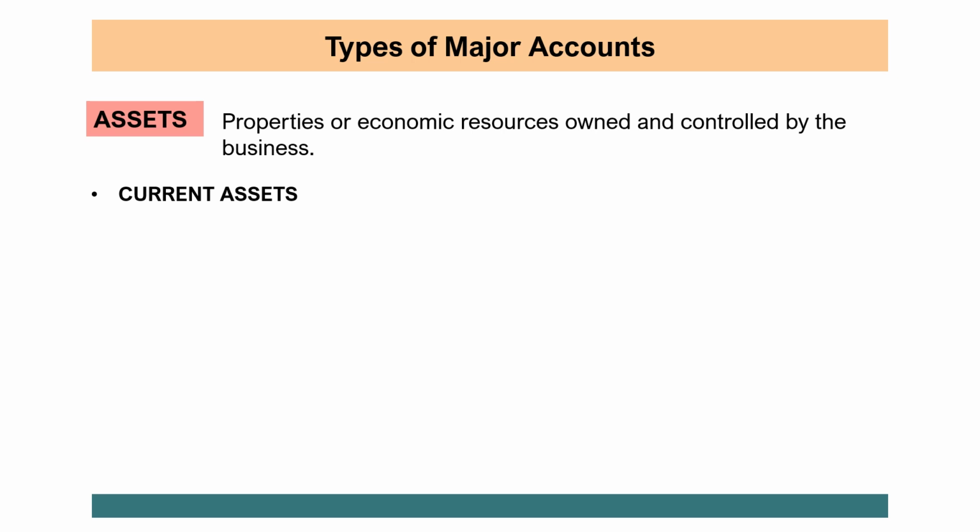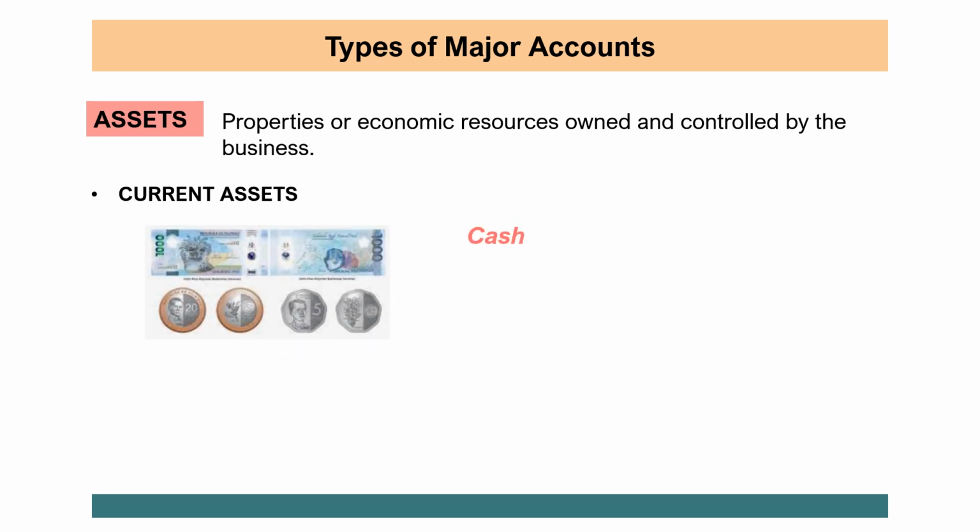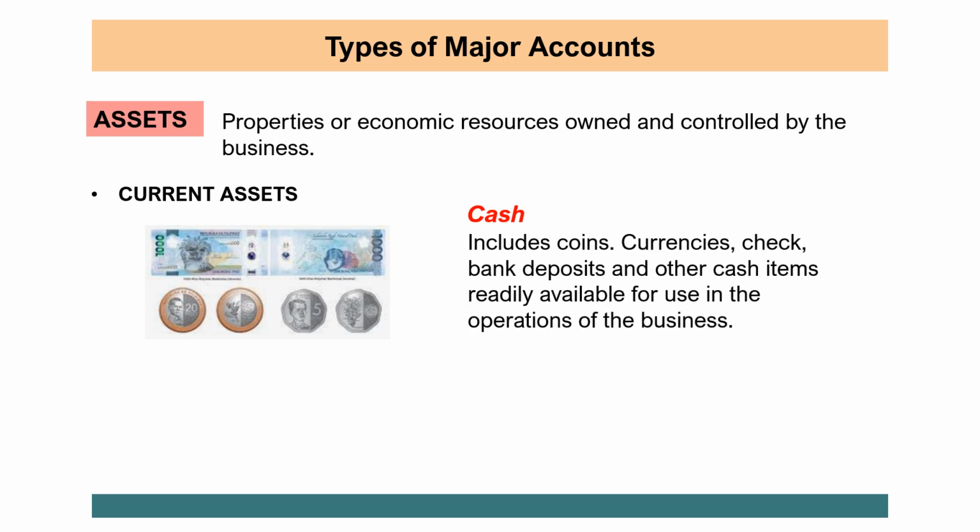We already defined assets in our previous discussion, so let's move on to the examples of current assets. First, we have cash. Cash includes coins, currencies, checks, bank deposits, and other cash items readily available for use in the operation of the business.